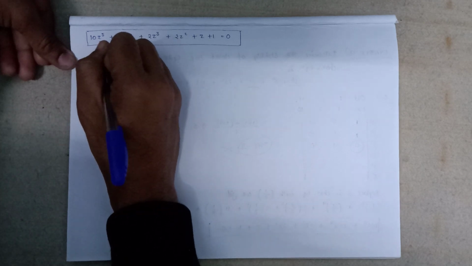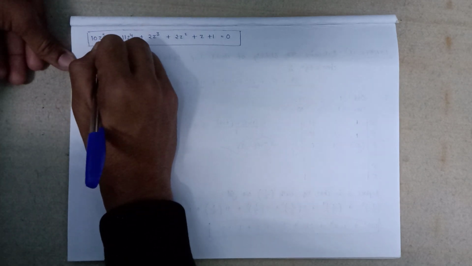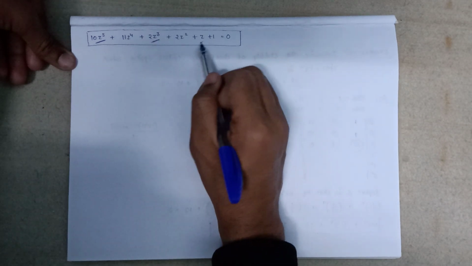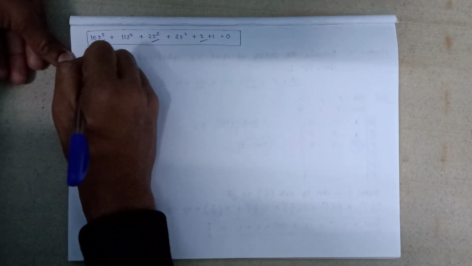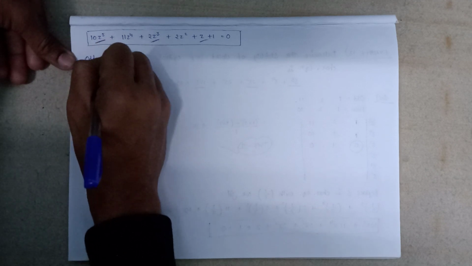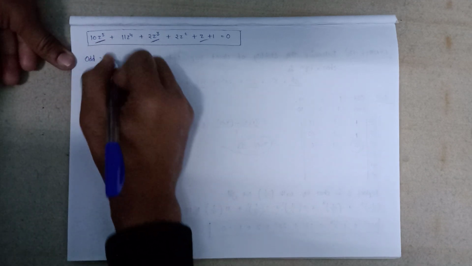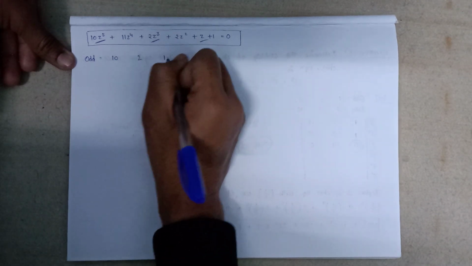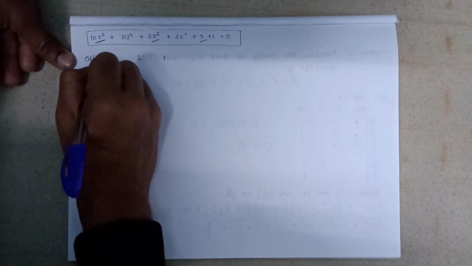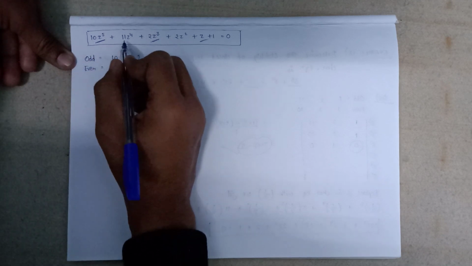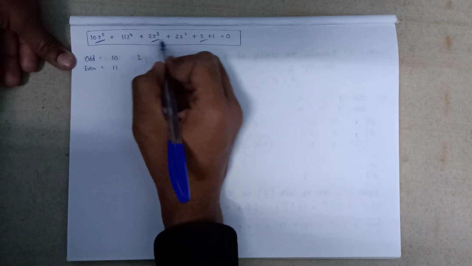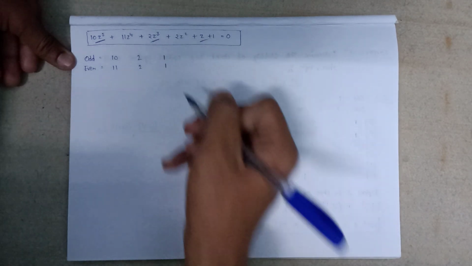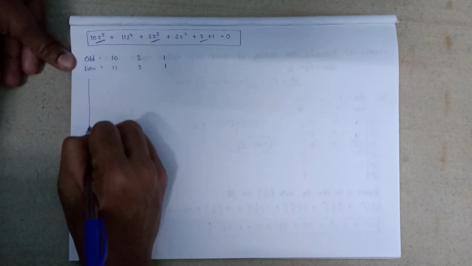Then we will find out the odd powers of z, that is z to the power 5, z to the power 3, z to the power 1. So the coefficients of the odd powers of z are 10, then 2, then 1. The coefficients of the even powers of z are 11, then 2, then 1. So we will again form a Routh array.